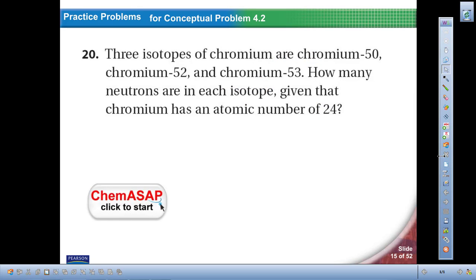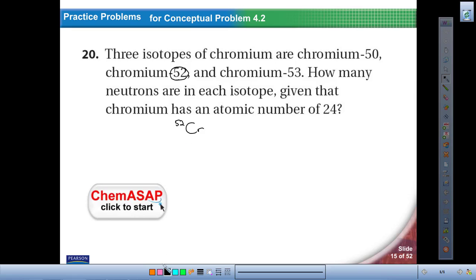Three isotopes of chromium, chromium 50, chromium 52, and chromium 53. How many neutrons are in each isotope, given that chromium has an atomic number of 24? Now let me look up chromium on the periodic table. Its symbol. This is my mass number.